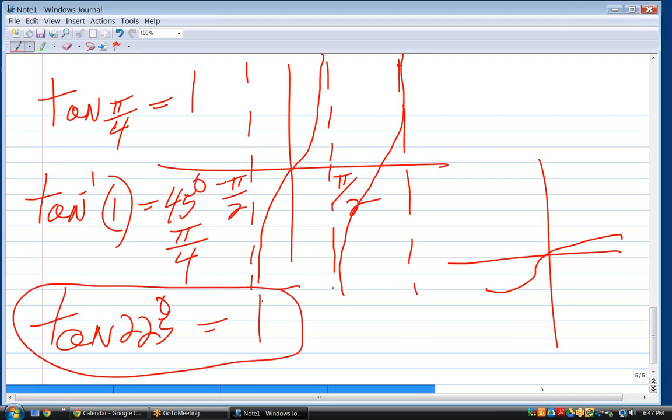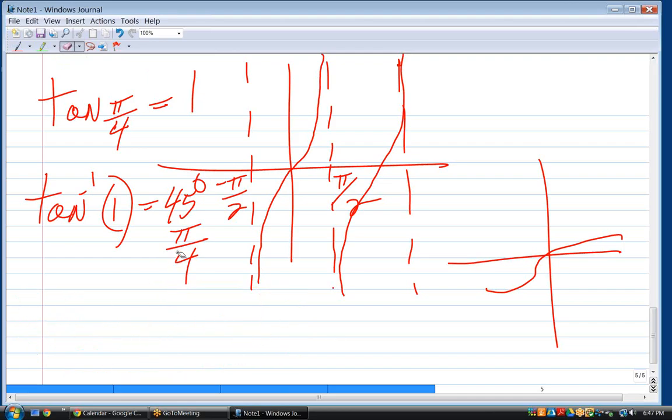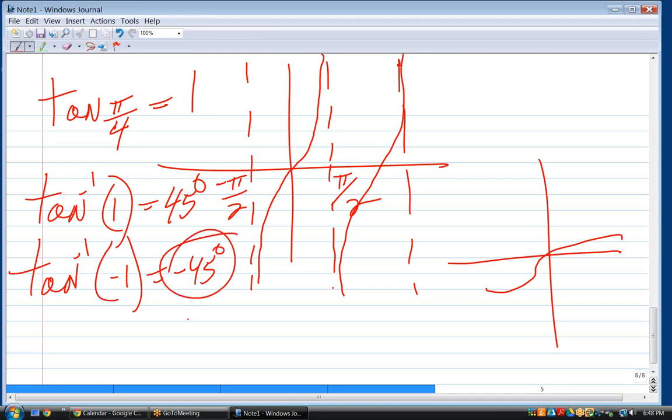That's a true statement. But when you're talking the inverse tan, your answer is always going to come in the first quadrant or the fourth quadrant, just like sine. So if I say the inverse tan of 1, I get 45 degrees. If I say the inverse tan of -1, I get negative 45 degrees, which is a fourth quadrant angle. I don't get the second quadrant.